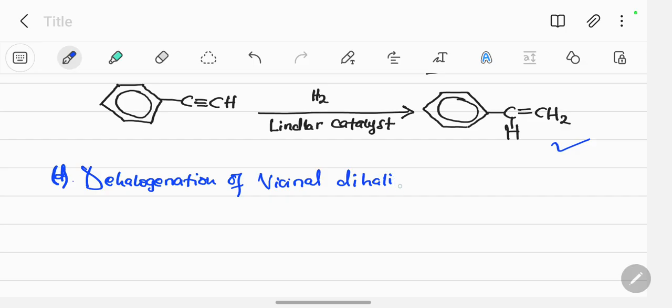Vicinal dihalides are alkyl halides in which the halogen atoms are attached to adjacent carbon atoms. This is what I mean.